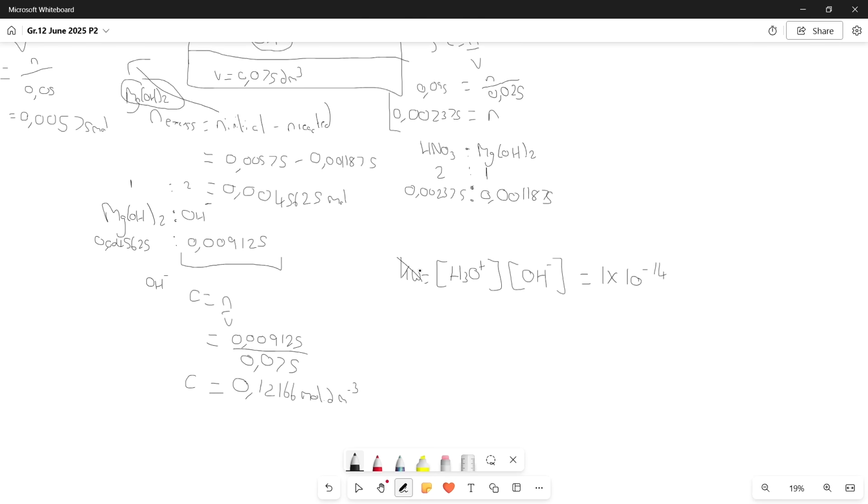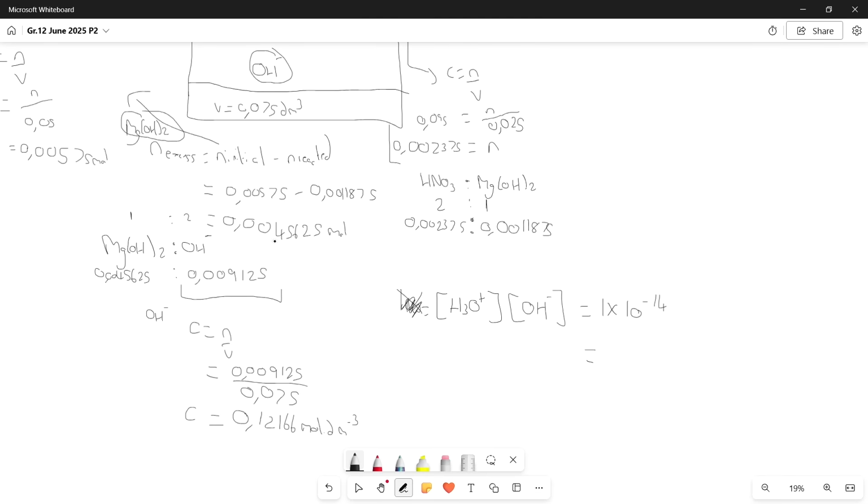Ignoring that portion, because that is just the symbol we're looking for, we have the concentration of our OH- ions over here, so we have 0,12166 there, and we want the concentration of our H3O plus ions so we can plug it into our pH, and this just remains on the right side. Now we're just treating it like a normal sum, imagining that this whole thing is X.